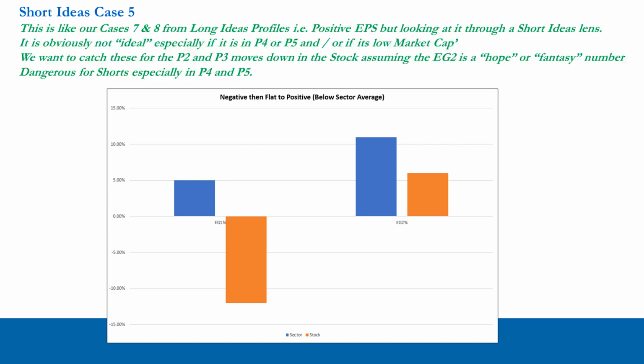On an absolute basis, we are arguing with the market here if we are looking to short the stock. On a relative basis, however, it's debatable as to whether we are arguing with the market here, because in both periods, the stock's earnings growth is lower than the sector.